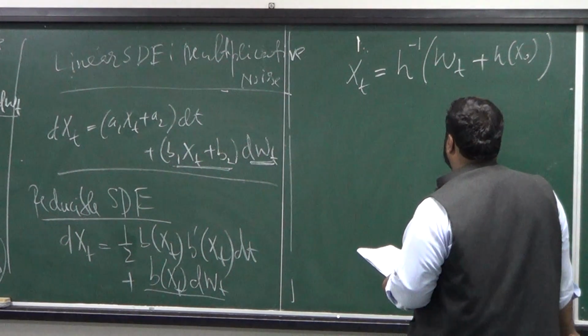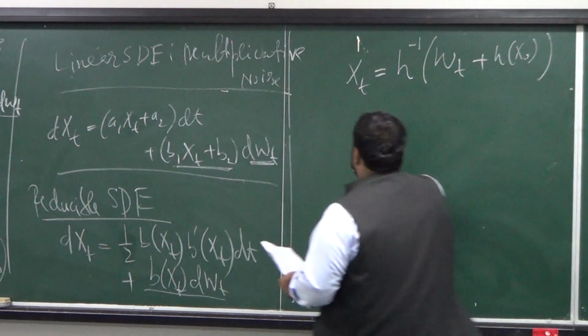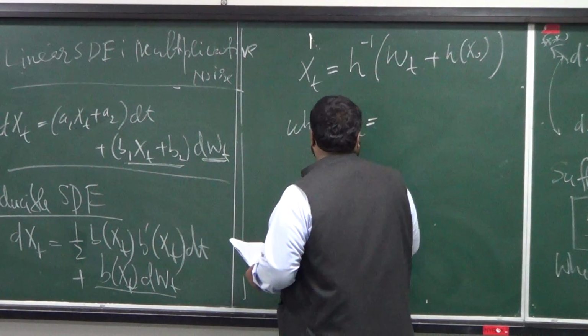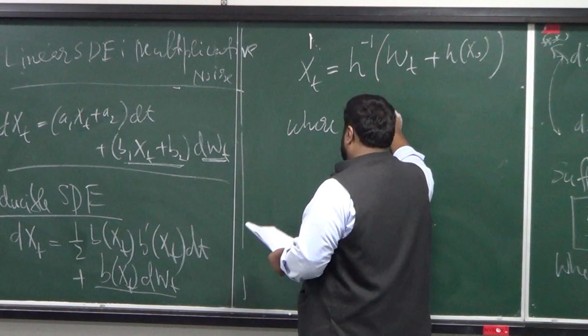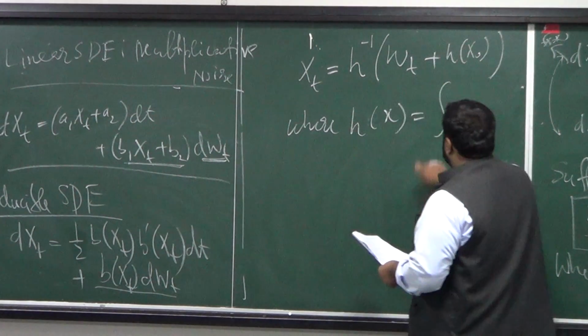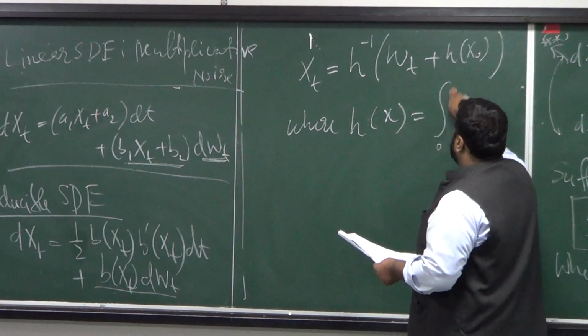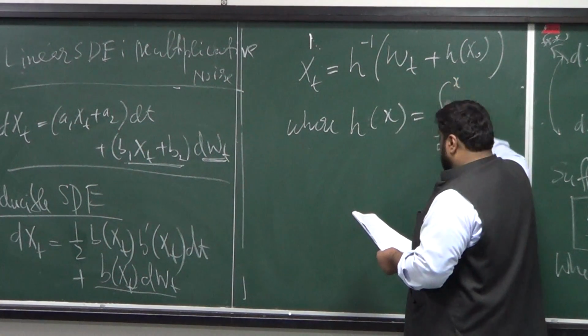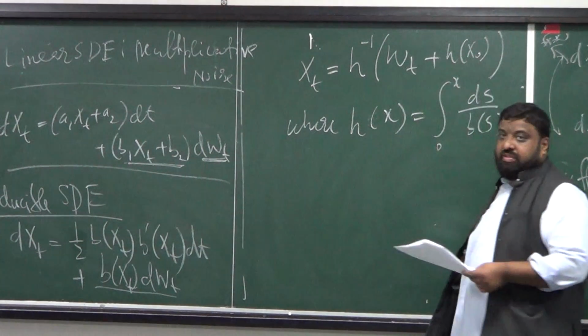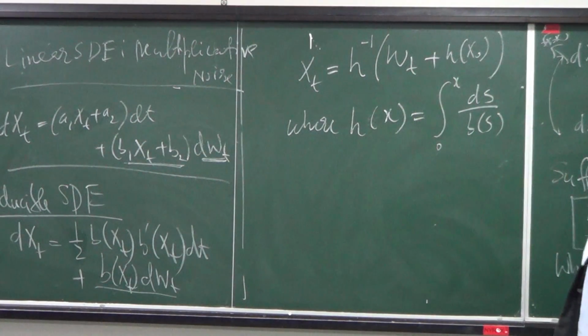Under some usual conditions, H of x can be computed by integrating over the domain, say from 0 to x, ds over b of s.